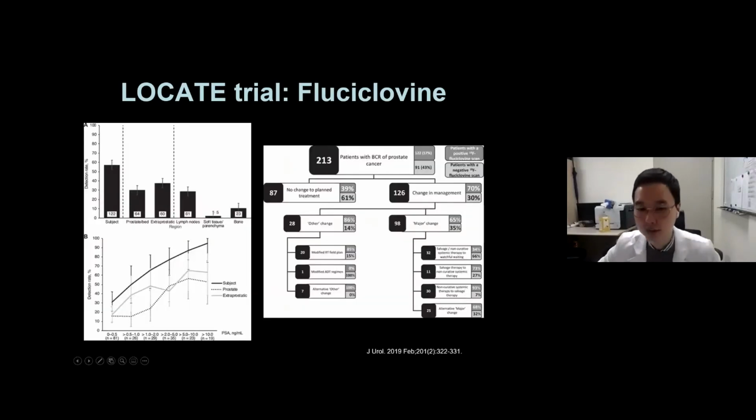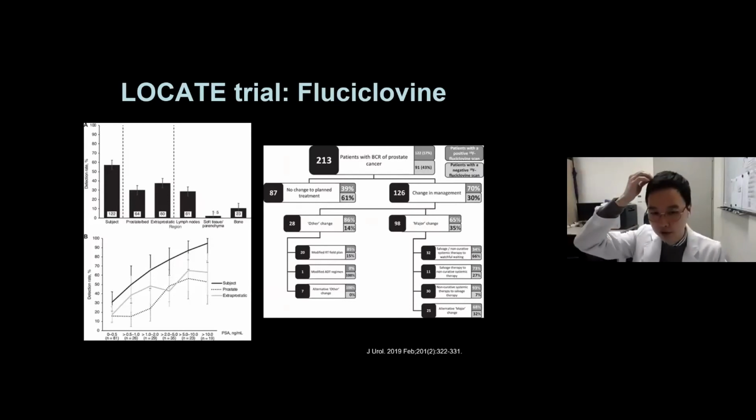So actually the interesting point of this study was that using the fluciclovine, they have found like 57% of patients were detected. And also more than 95% of patients had a change in the management after the scan.